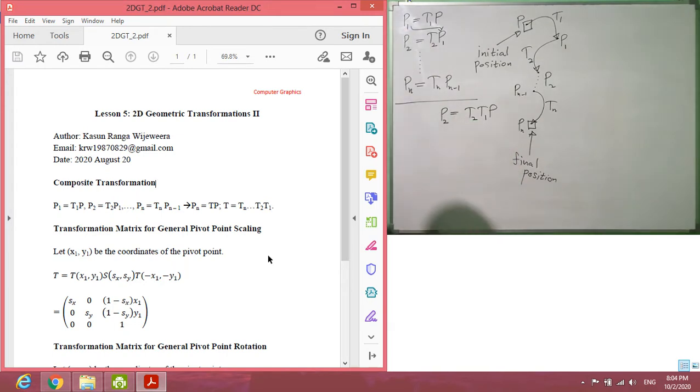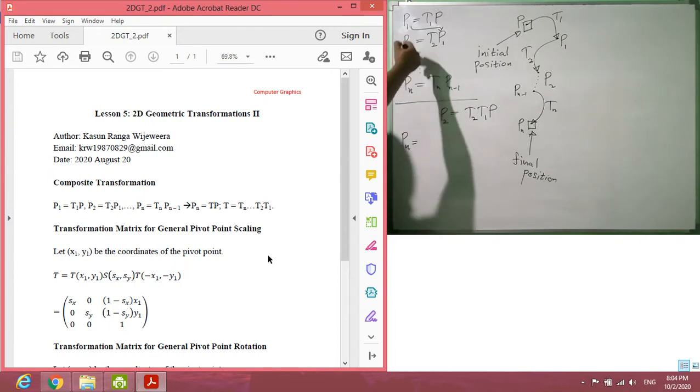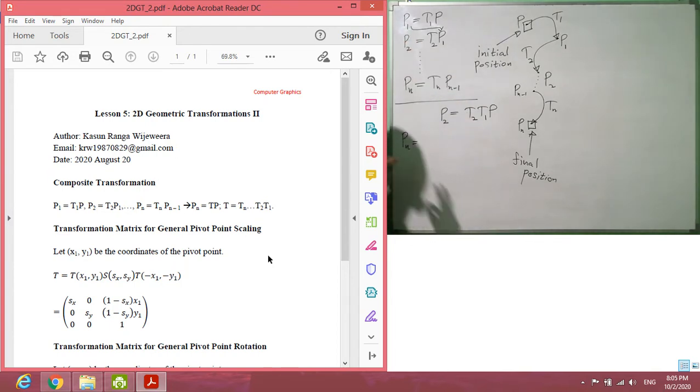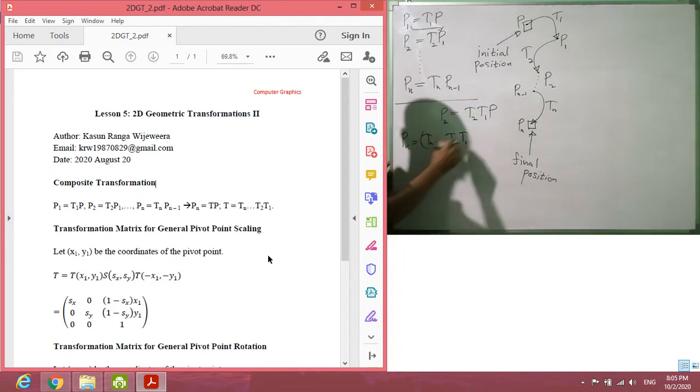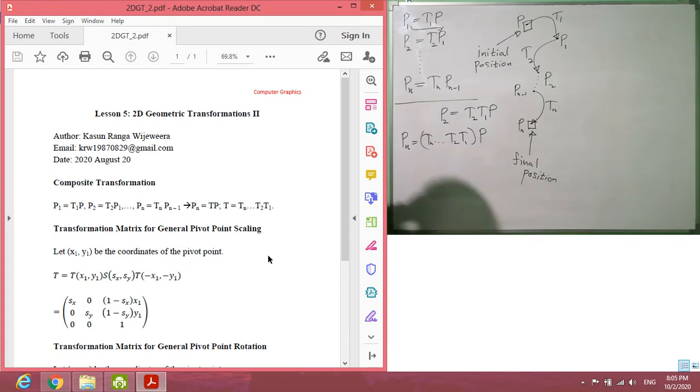Likewise if you continue, then we can get Pn. In the same way we continue downwards, you will get Pn equals Tn, and so on, T2, T1 into P.